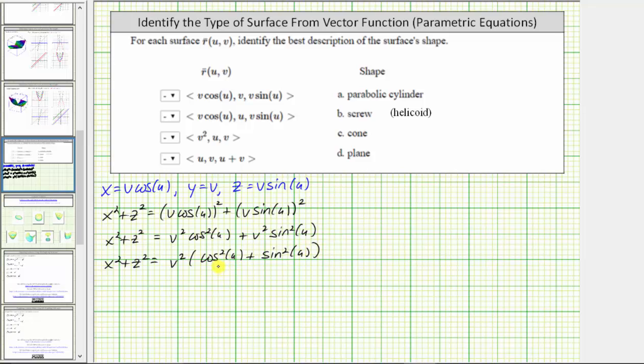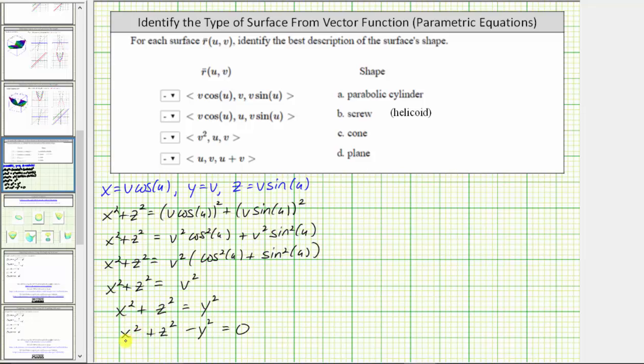And we should recognize that cosine squared u plus sine squared u is equal to 1, which gives us x squared plus z squared equals v squared. And because y is equal to v, we can substitute y squared for v squared, which gives us the equation in Cartesian coordinates x squared plus z squared equals y squared, or if we want, x squared plus z squared minus y squared equals 0.